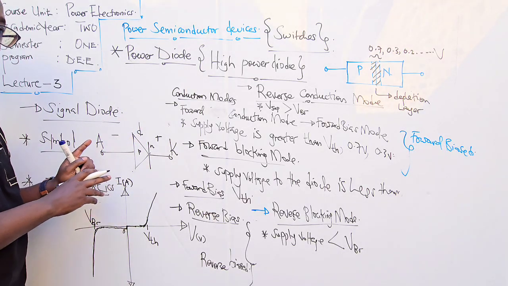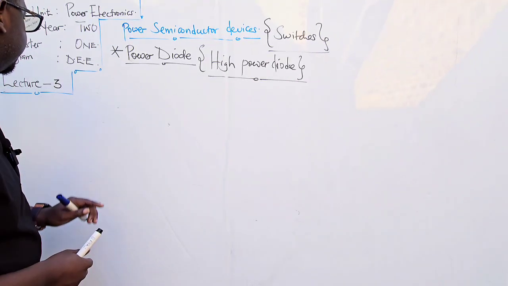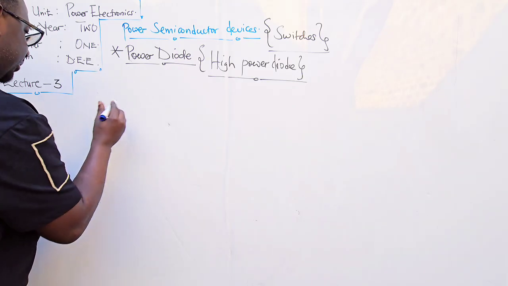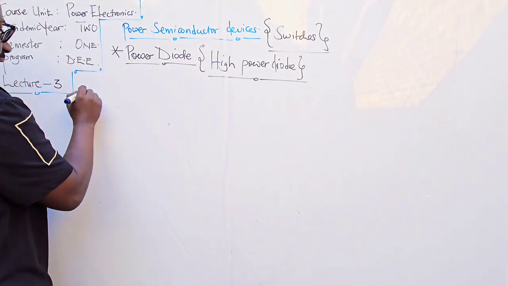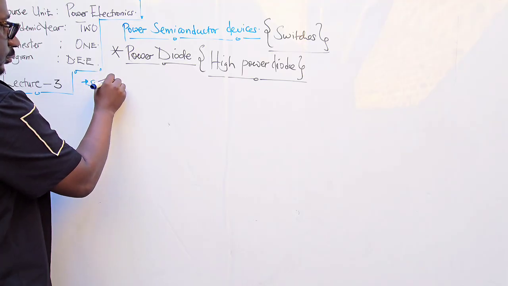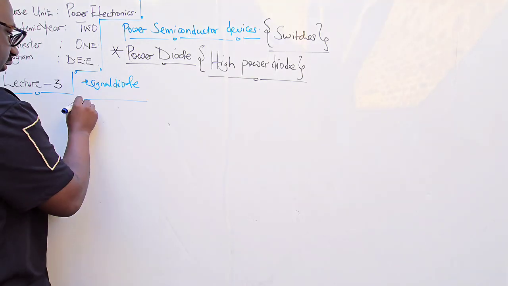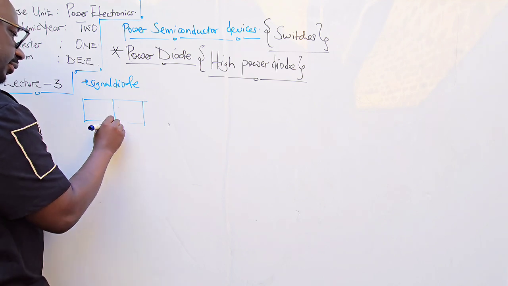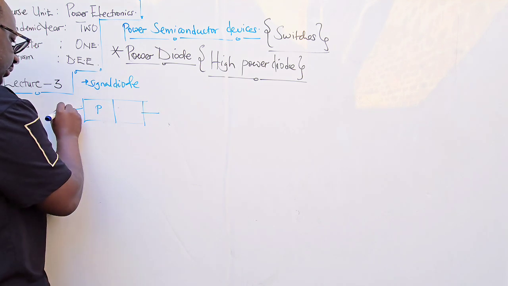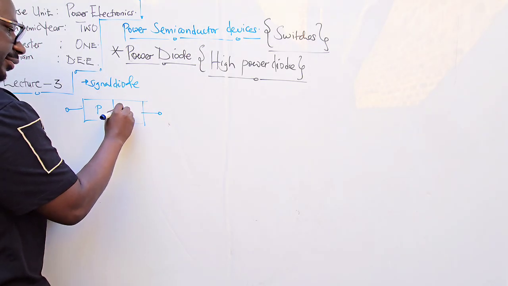Let's compare it with a power diode. All right, so let's continue with the power diode. Let me summarize a little bit. We've seen that for a signal diode, this is the construction. I have a P region. These are the terminals we use to interface with the device.